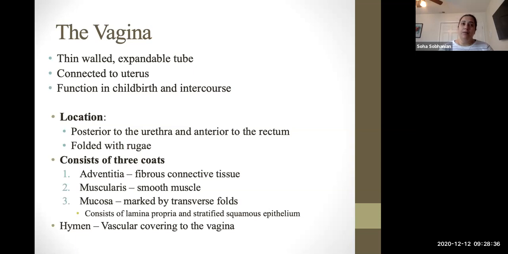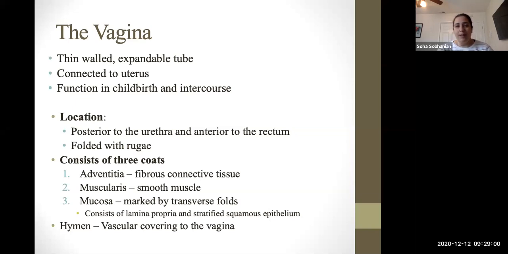And the lining of the vagina is mucosa, which makes sense because you want to lubricate the tissue during both intercourse and childbirth. The type of tissue you can find in it is lamina propria, which is connective tissue, and a stratified squamous epithelium.